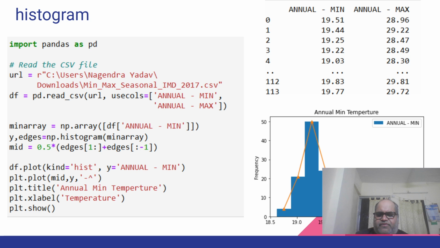And then on top of df.plot, we are creating another plot with your mid and y, and we are giving it a shape of this particular kind. Then we have set the title and x label. You should practice more around this, but without these customizations that you are seeing, you would have simply called df.plot, and it would have given what kind it is.